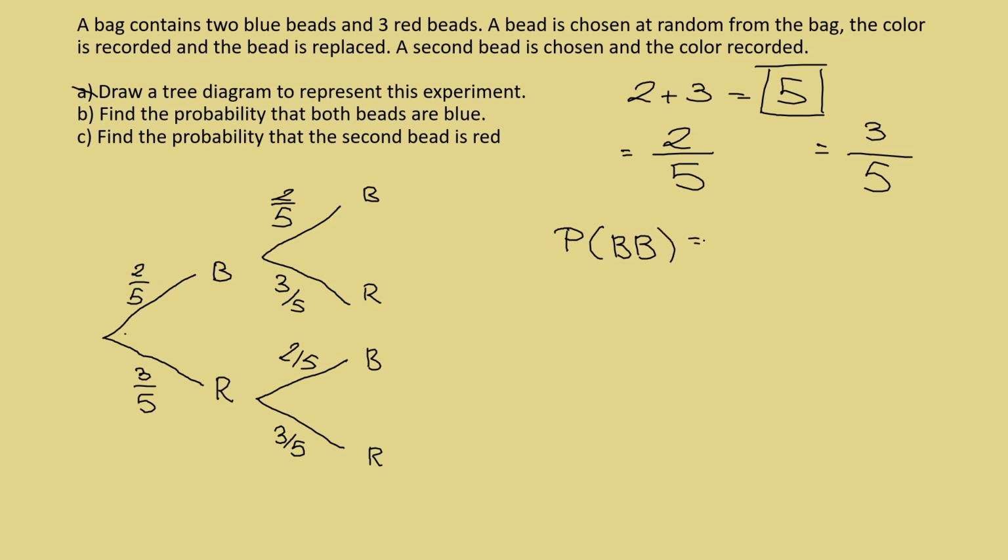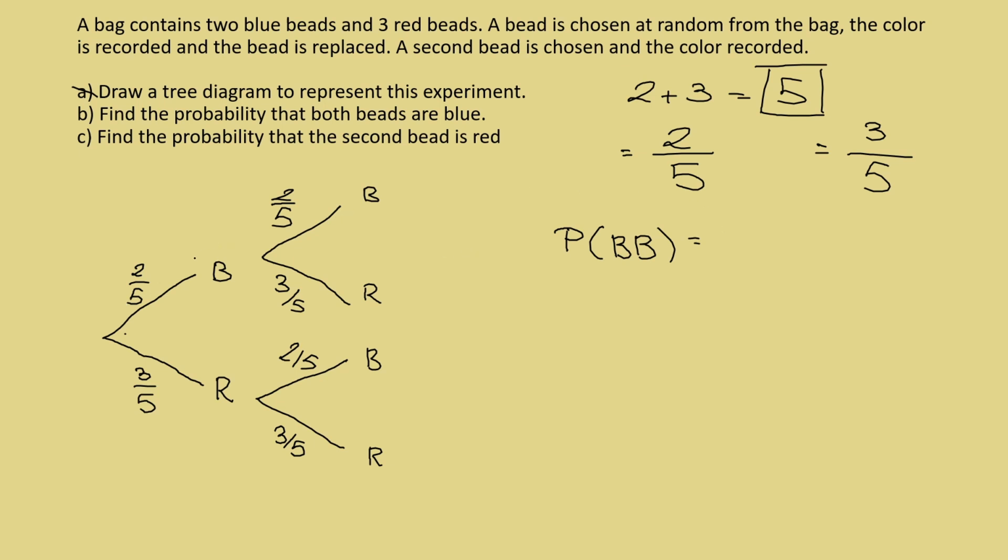Now, in order to find out the probability of getting blue twice, as you can see in the tree diagram, this is going to be this here, right? So the upper part of the tree diagram, we get blue first, and then after that blue, we get another blue. So this is the only part of the tree diagram that represents this, okay?